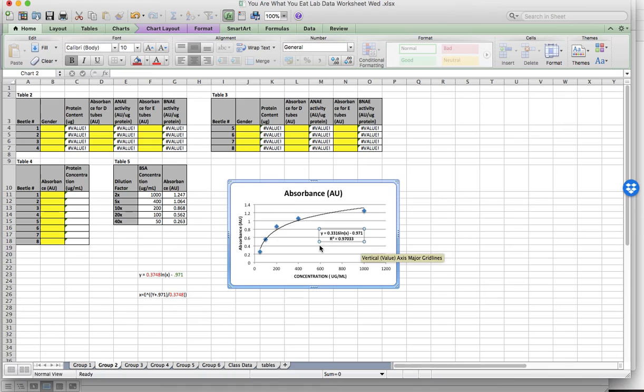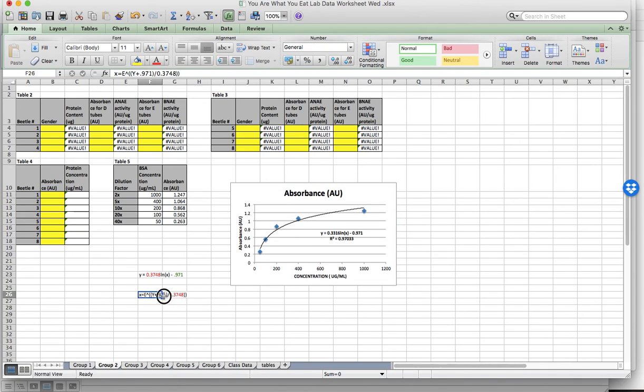And what you might notice is that concentration is on the x-axis. So we will be solving for x. So that means we have to move the y on the left side to the right side, and the x onto the left side. To do this, we have to turn the natural log equation into an exponential equation. So this is essentially how you do it. I color-coded the numbers.